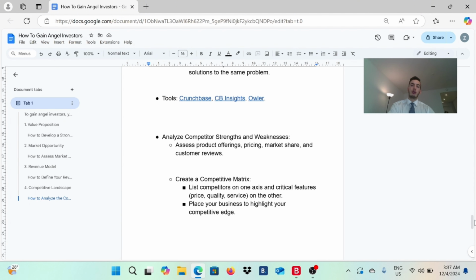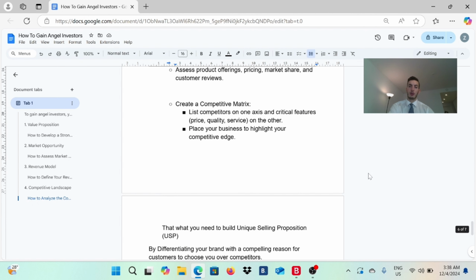The tools that you can use are Crunchbase, CB Insights, or Layer. All of these tools, you will find them in the description below. So yeah, analyze competitive strengths and weaknesses, assess product offering, pricing, market share, and customer reviews, which is pretty basic, as I have already told you.